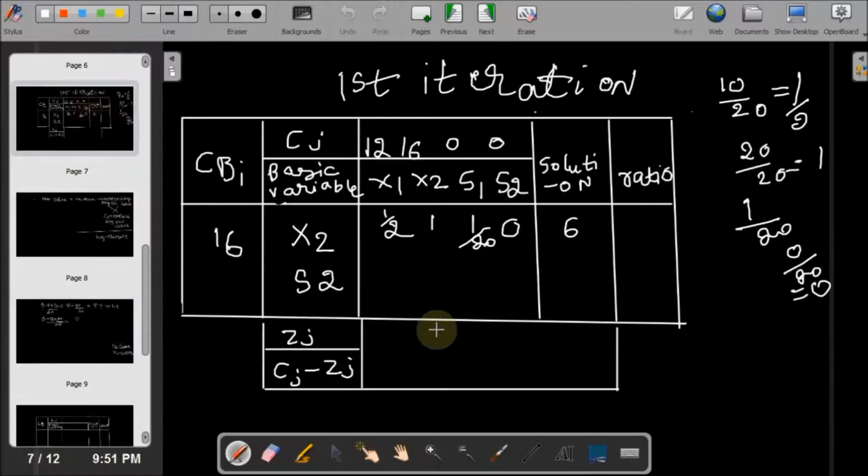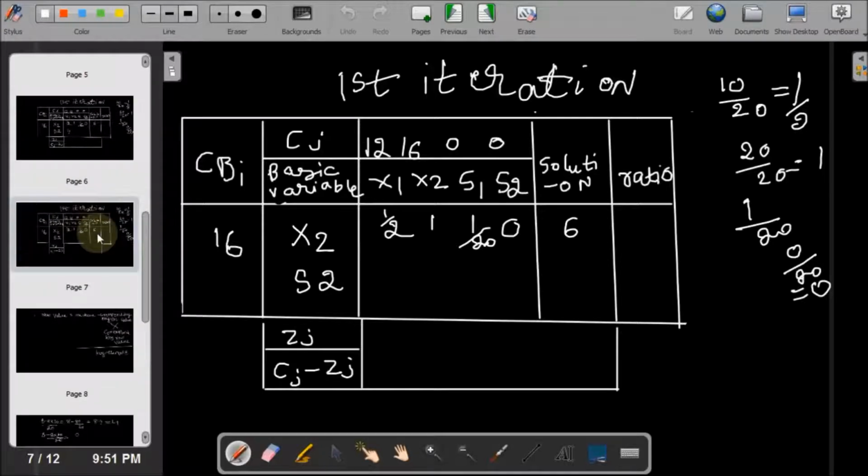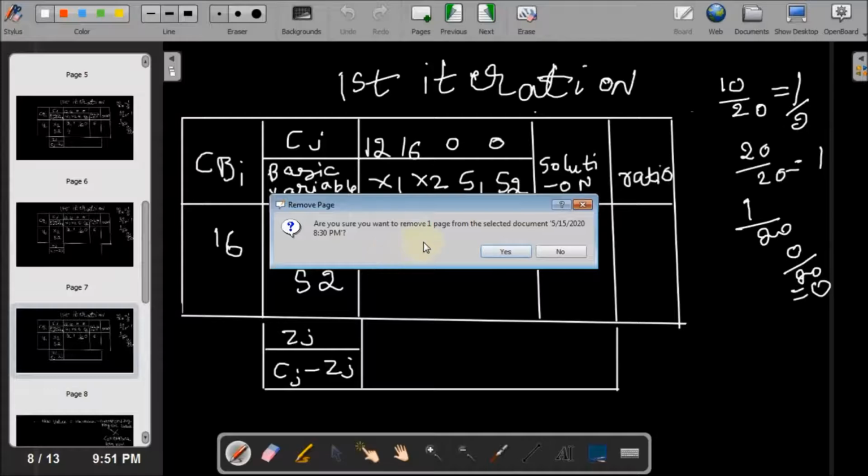What was the first value for the first iteration? Actually, I think this was copied one more time. No problem, I will remove this.